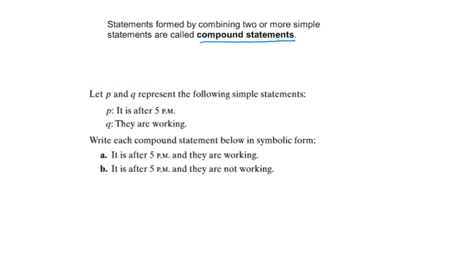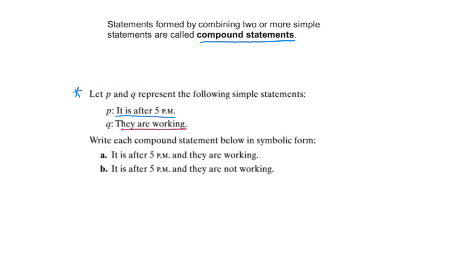All right, so let's look at this exercise. It says, let P and Q represent the following simple statements. P represents it is after 5 p.m. and Q represents they are working. Our problem says for us to write each compound statement below in symbolic form.